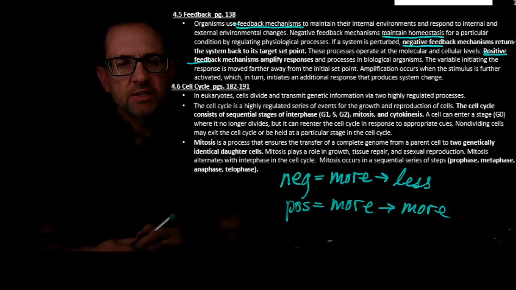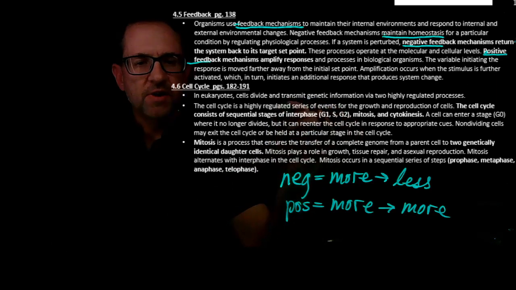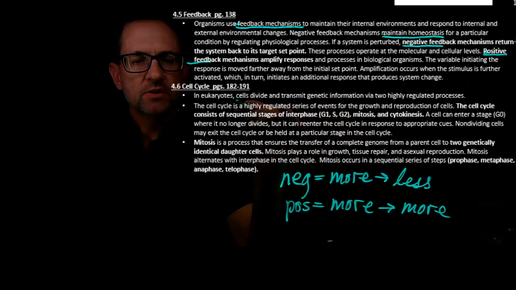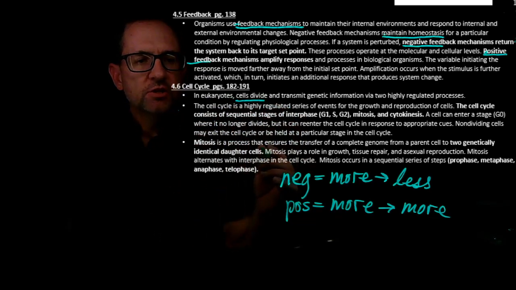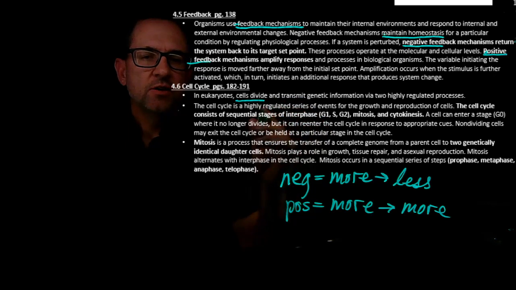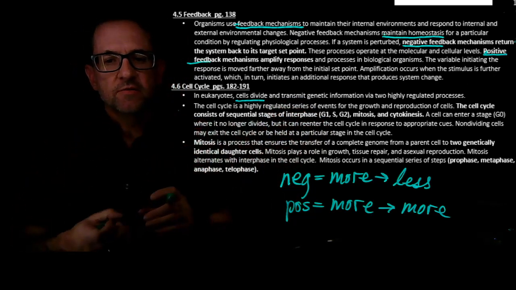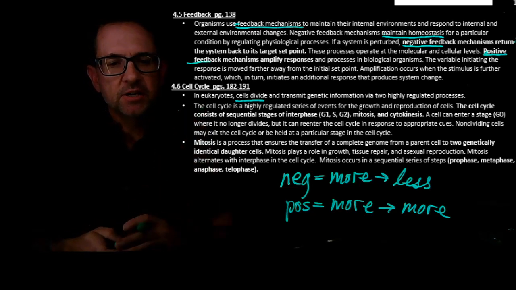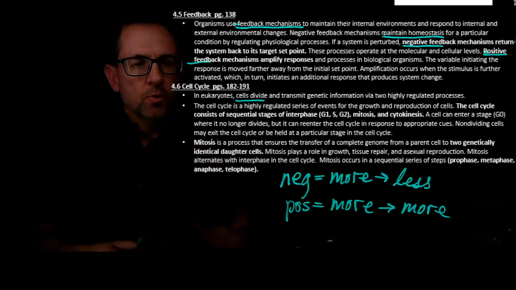Let's look at 4.6, cell cycle. We've talked a lot about these. Cells divide. That's just a fancy name. When we're talking about cells dividing, we're talking about mitosis. Transmit genetic information, and again, if we're dividing, we are making copies, daughter cells of this original parent cell. It's an exact copy. The cell cycle is highly regulated for the growth and reproduction of cells.